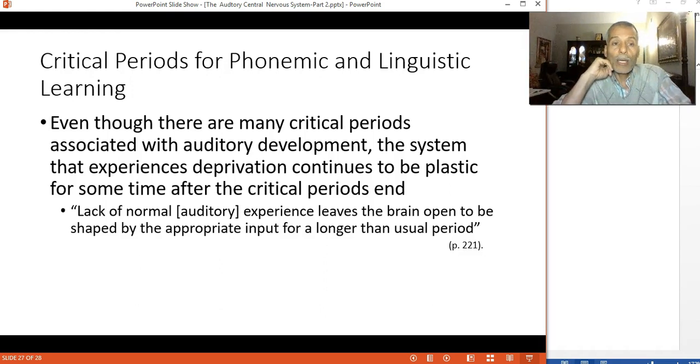So lack of normal auditory experience leaves the brain open to be shaped by the appropriate input for a longer than usual period.